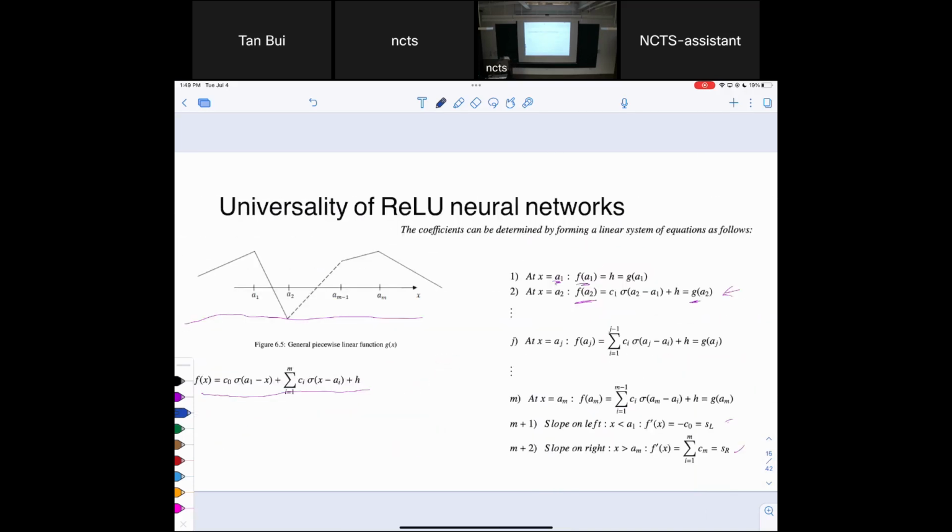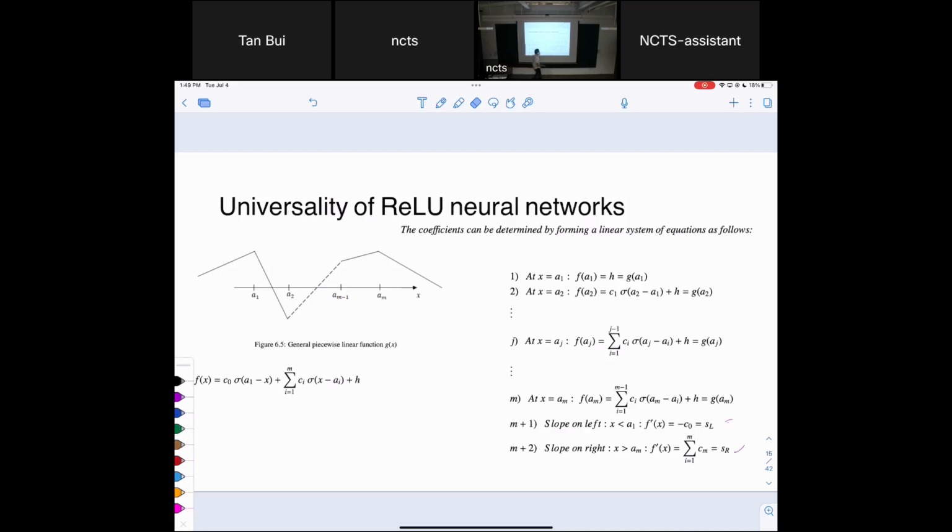Now, how do we determine these unknowns? This is our function g, just a linear combination of ReLU activation functions. We set up m equations and solve for m unknowns.